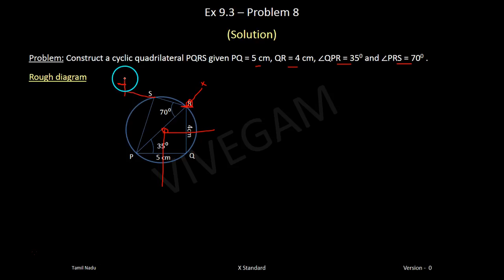So this line RY intersects the circle at a particular point, and that point is S. Now we have the fourth point also. Next we join PS and RS, and PQRS is the cyclic quadrilateral. So what I suggest is pause the video here and try to do the construction on your own, and then come back and check your construction against us.